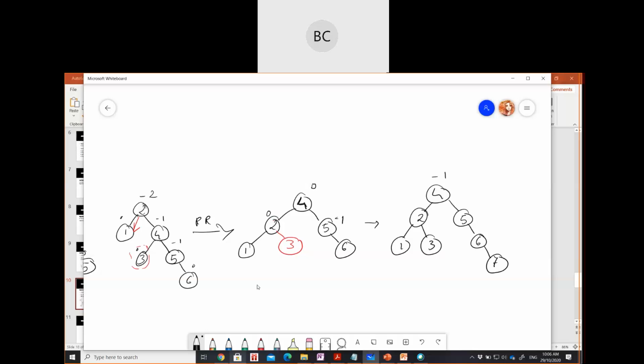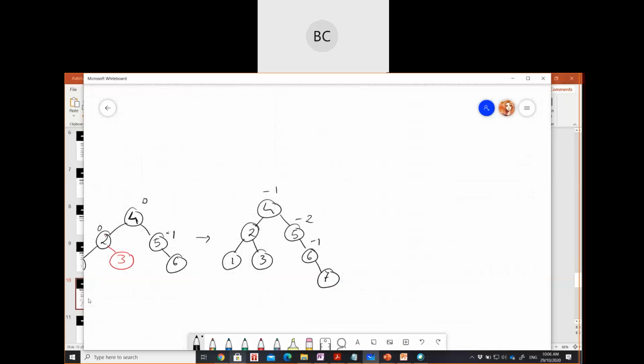The imbalance is here. In this case it's just simple. I just need to put it down here. So it will be simply 4, 2. Here I will again perform a right rotation. That means 6 will become the node, with 5 and 7.